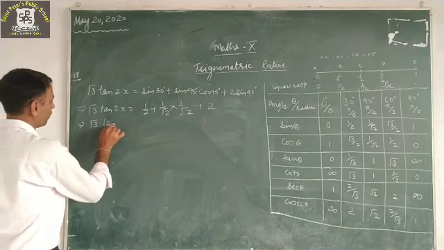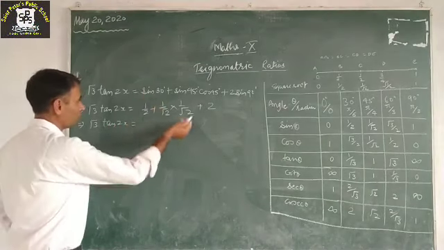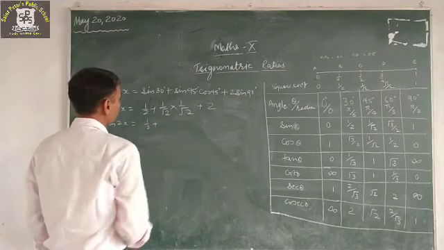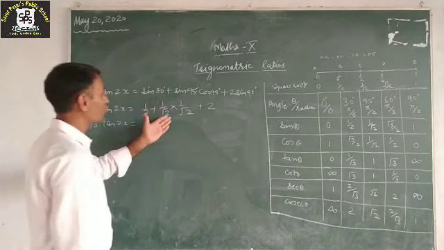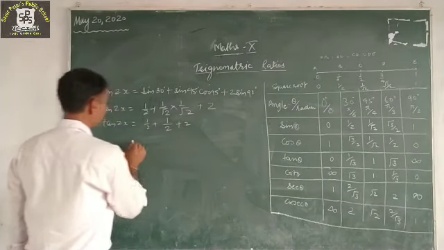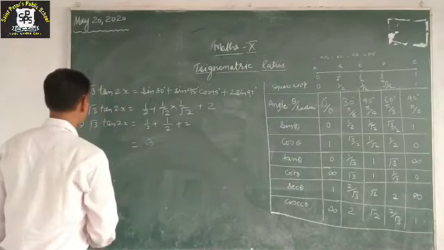Root 3 into tan 2x will be equals to, let's solve the right hand side. So 1 upon 2 plus, if I multiply 1 upon root 2 with 1 upon root 2, then I get 1 upon 2 plus 2. By adding this, I get 3.